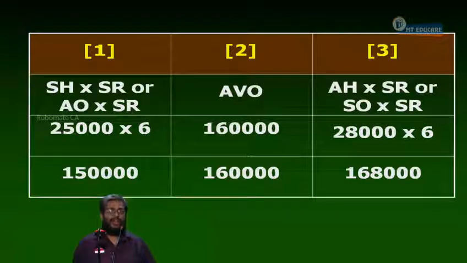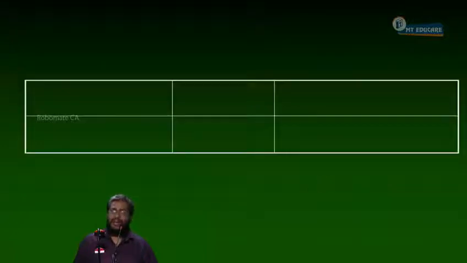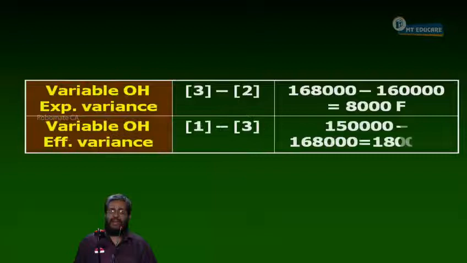Efficiency variance formula is 1 minus 3. 3 minus 2 is 8,000 favorable. 1 minus 3 is 18,000 adverse. Variable overhead variances have been computed.